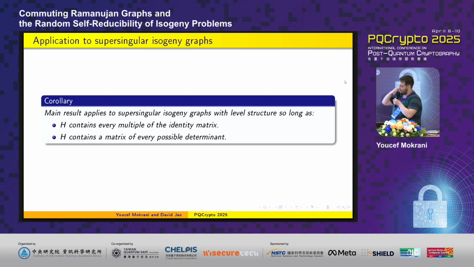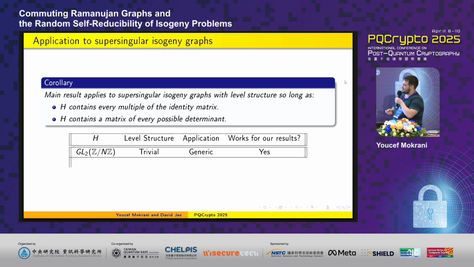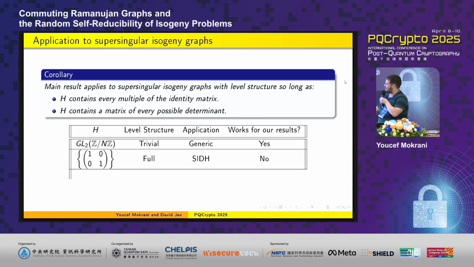So how does this result apply to our SLEH variants? Once again, it only applies if these 2 conditions by Codogni and Lido apply. So if we try to apply them, for example, in the generic problem, it applies pretty easily since the level structure just contains every single matrix. For SLEH, the result does not apply since we only have the identity.